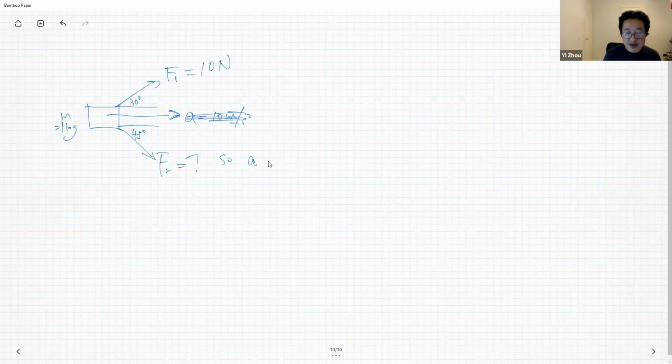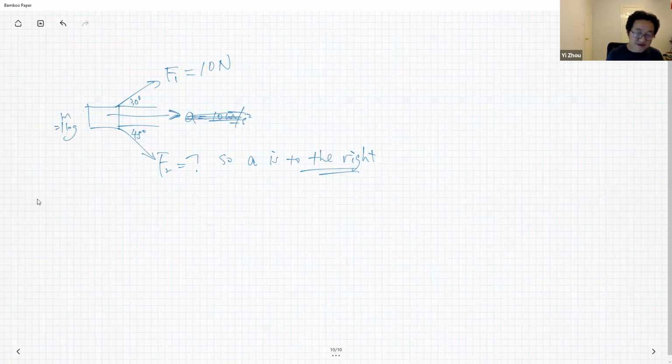So acceleration is to the right. So anyone want to do this? I can. Okay, thank you, Claire.